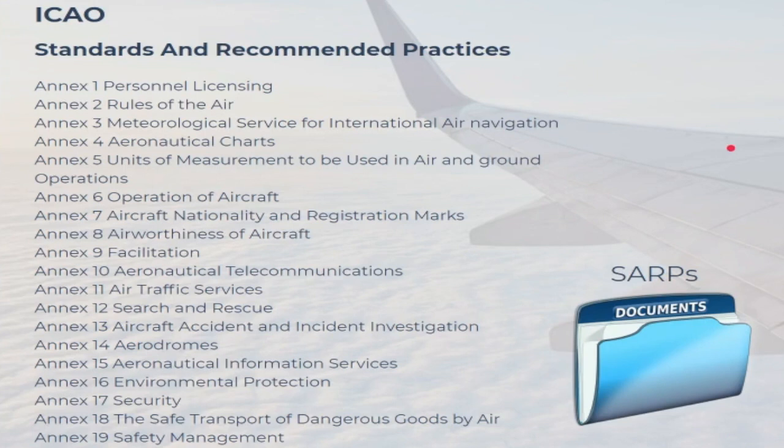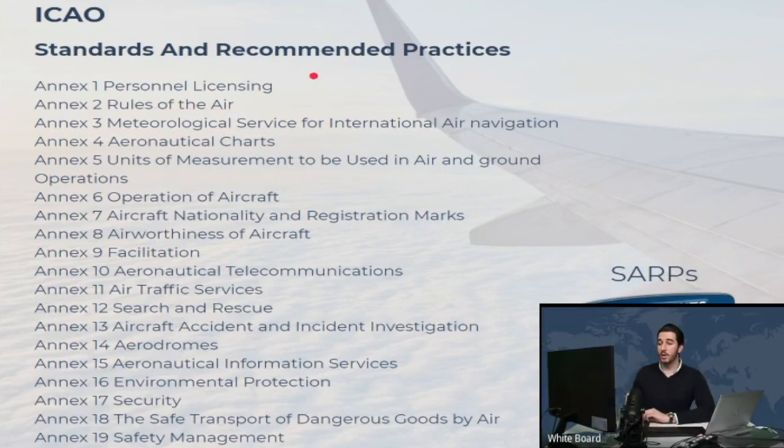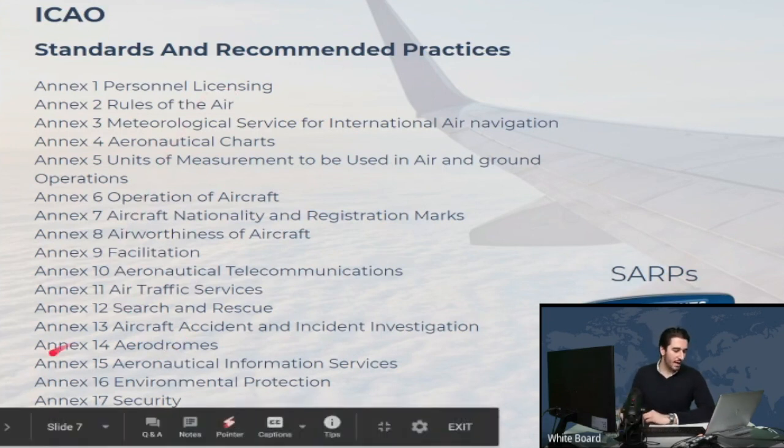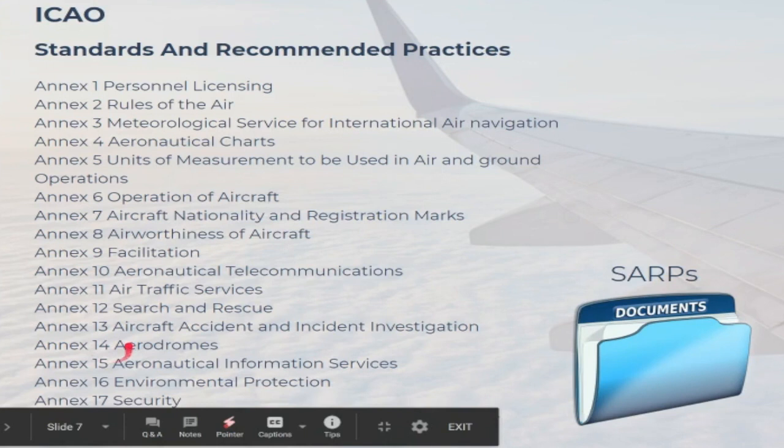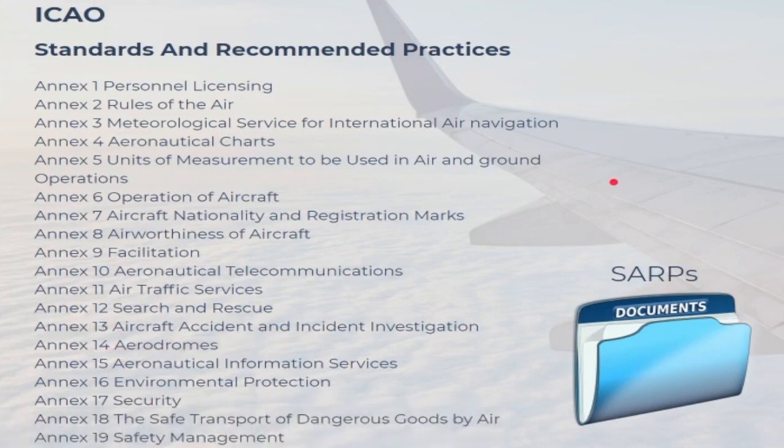For example, annex number one is personnel licensing, and you can associate it with your objective number one: getting my license. Or aerodromes: London Heathrow is 14 kilometers away from the center of London, so you can remember the number 14. And you have others, but we will not go through all of them, at least so you know that they exist.